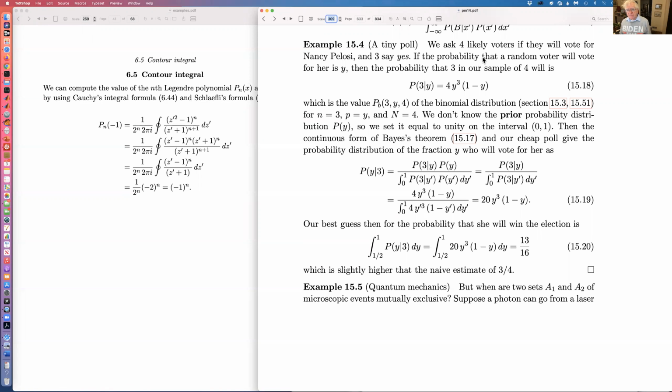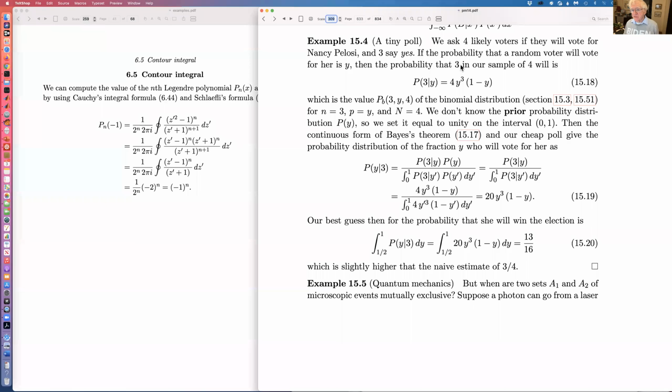So if the probability that a random voter will vote for her is Y, then the probability that 3 in our sample of 4 will is 4 times Y cubed times 1 minus Y. 1 minus Y is the failure probability. So we've got 1 failure probability, 3 success probabilities, but there are 4 ways this can happen because the failure could be the first one, the second one, the third one, or the fourth one. Okay, so I could have actually done it that way.